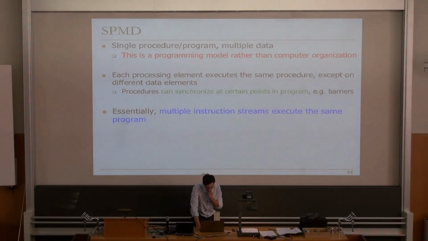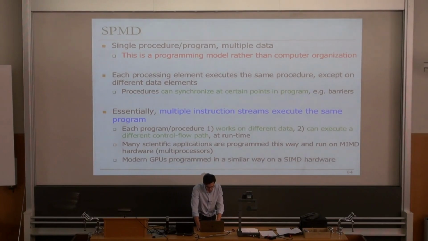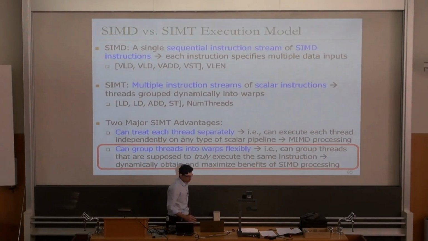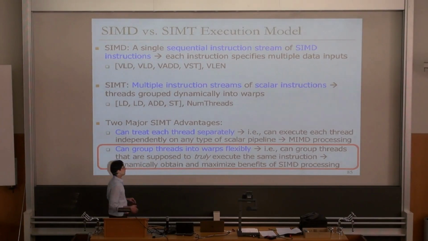So in SPMD, we define threads. They can synchronize at some point. We are not going to enter into this detail. Maybe in a future lecture we will have a chance to talk about GPU programming, but we won't spend time on that right now. What we are going to finish with right now is the second potential advantage of SIMD architecture.